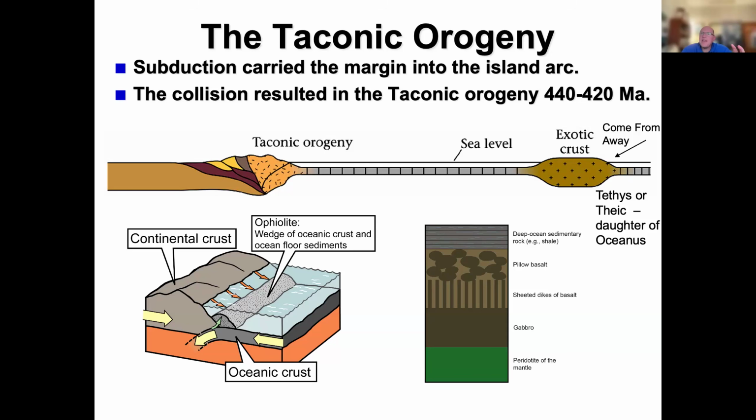But a lot of the Piedmont rocks, whether you're in North Carolina around Raleigh or here in Baltimore or up in New Hampshire or all the way up in Nova Scotia and Newfoundland, a lot of those rocks actually formed somewhere far away from North America and just were attached as this patchwork of islands and fragments of land that we often call exotic crust.